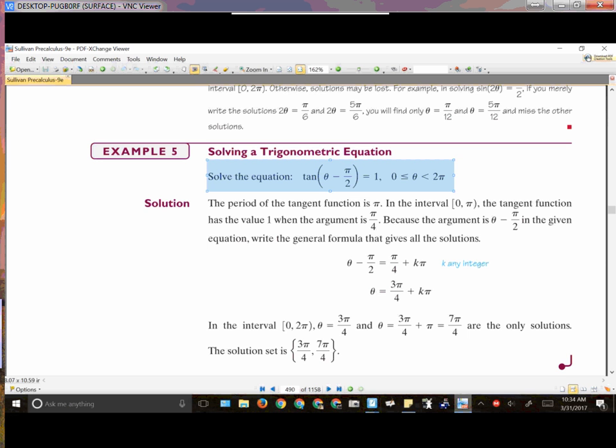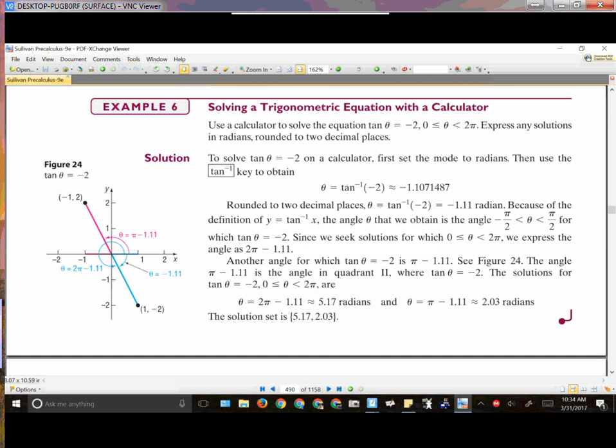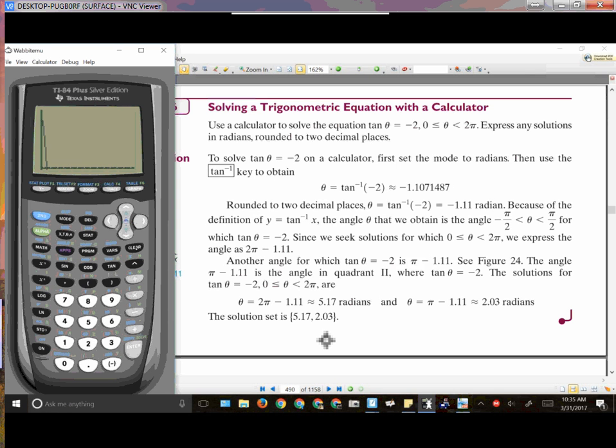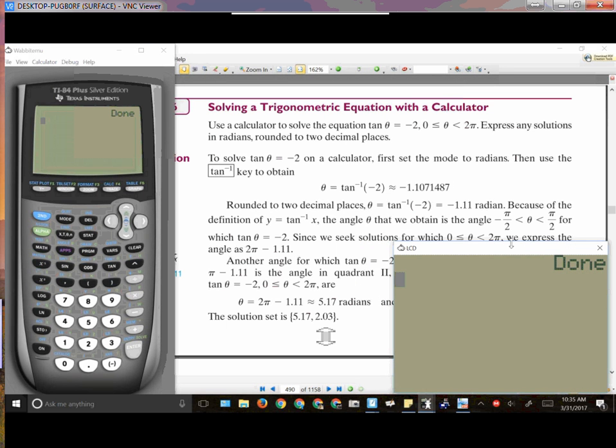They want us to go now and take a look at it using the calculator. So yes, we can actually use calculators at times. So, I grab my calculator. Reset it. Now it says express any solution in radians, so we want to make sure that we're keeping it in terms of radians, which is fine. So, where is the tangent of theta equal to -2?